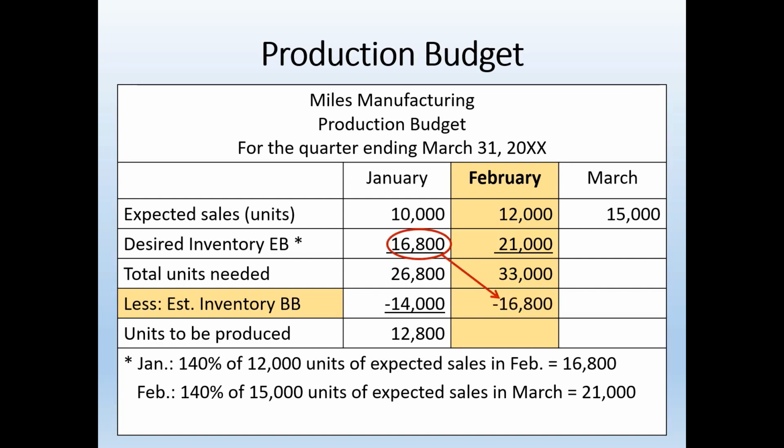This firm expects to end January with 16,800 units in its finished goods inventory. So we don't have to make those units in February because they'll already be available. So the difference between the total units that they need and the ones that they expect already to have on hand tells us how many units they need to produce in February.